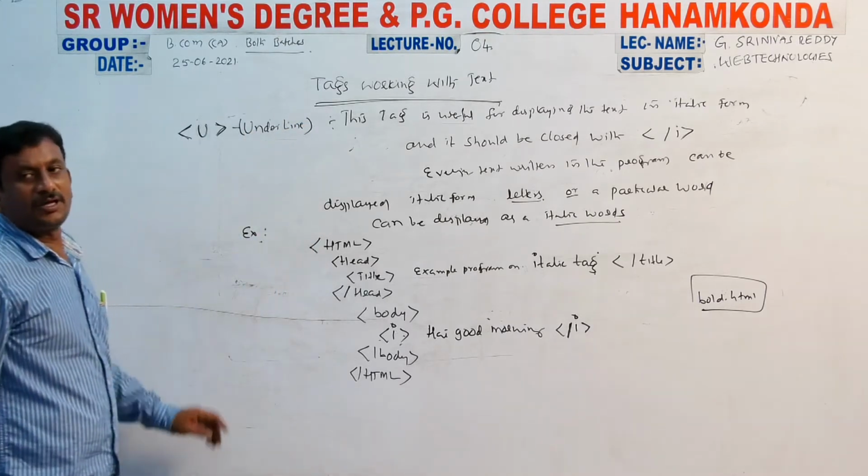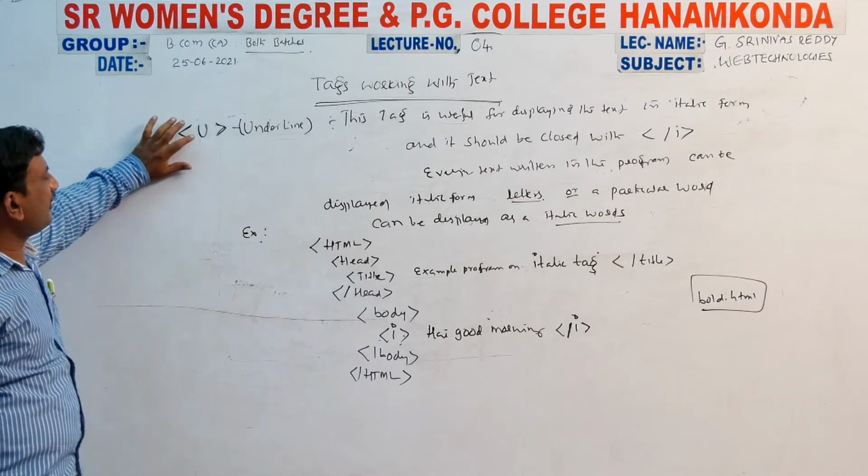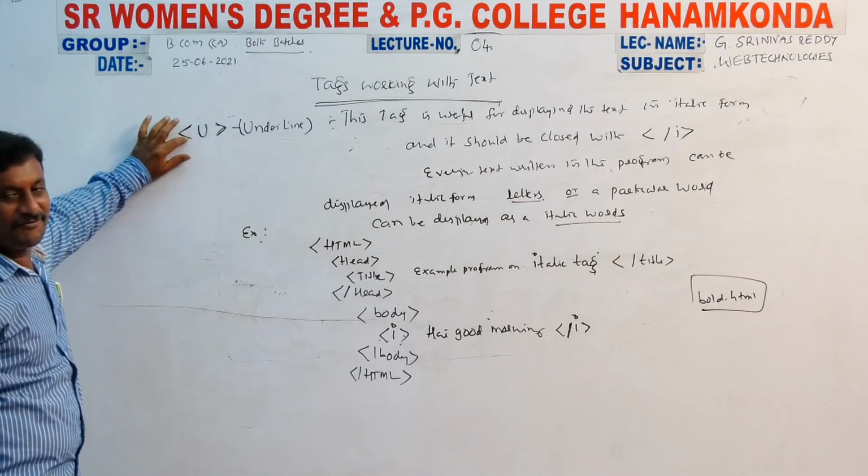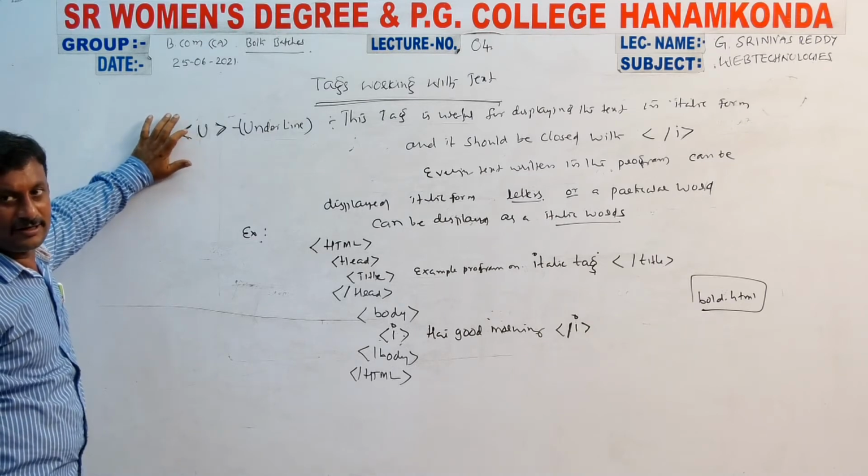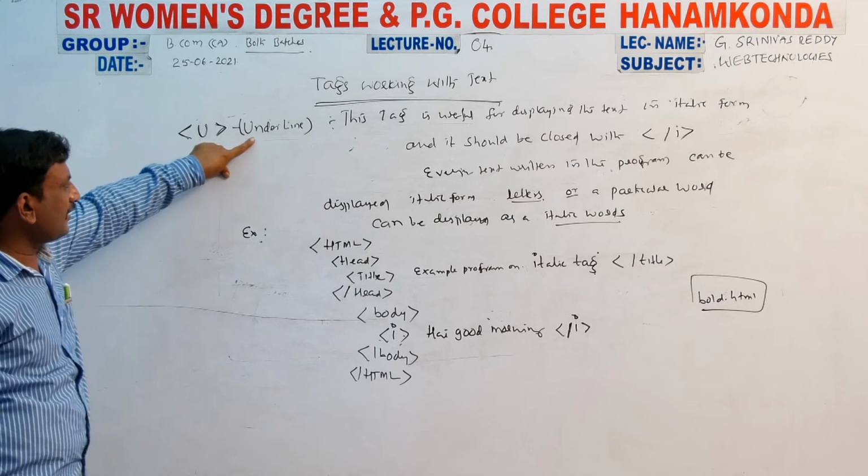Tag means in between, if you write left angle and right angle with any word or letter, that is known as a tag. Here it means U. U means underline tag.